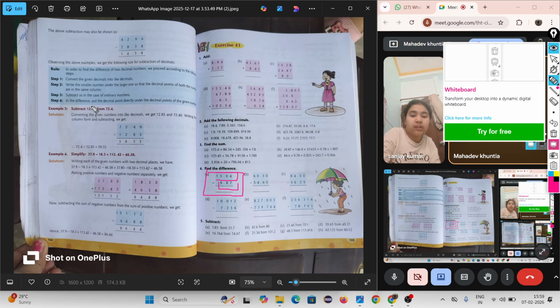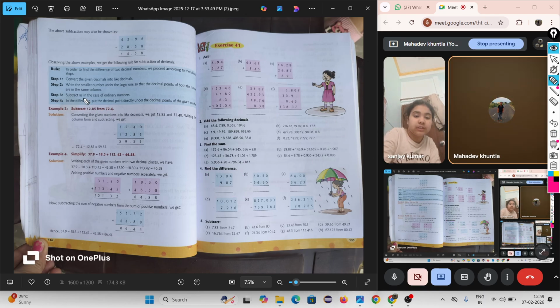Then step number 3, subtract as in the case of ordinary numbers. The only change is you have to convert the given decimals into like decimals. In the difference, put the decimal point directly under the decimal point of the given numbers.